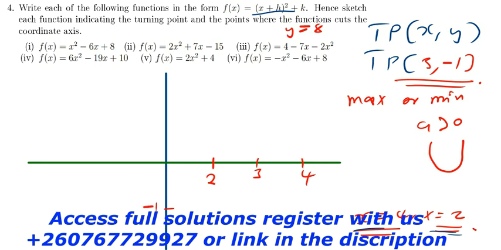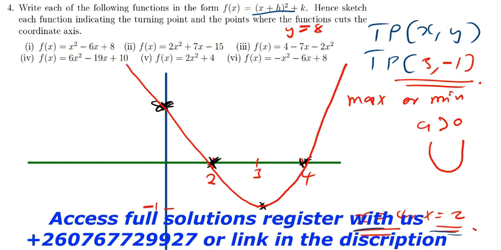I'll put -1 here. So the graph has to touch this point, cross that, and the turning point is here. But in y it has to cross at 8. Again it will cross there. So the graph will come and touch like that, touches there, reaches here, and curves like that. That's the graph, and the graph has to be like that because a is greater than 0.